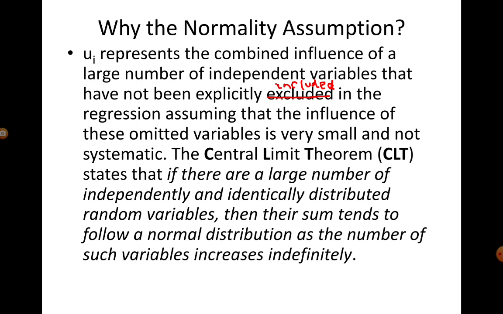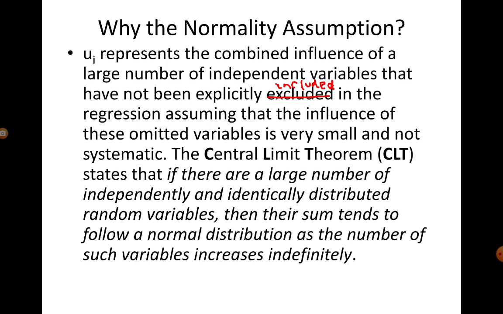Why have we not explicitly included them? Because we are assuming that the individual influence of these omitted variables is very, very small and it's not at all systematic. So it does not serve any purpose to introduce them as a separate explanatory variable, right?